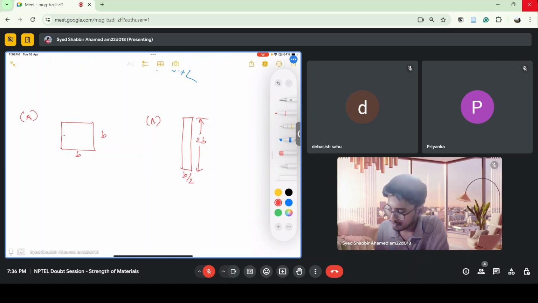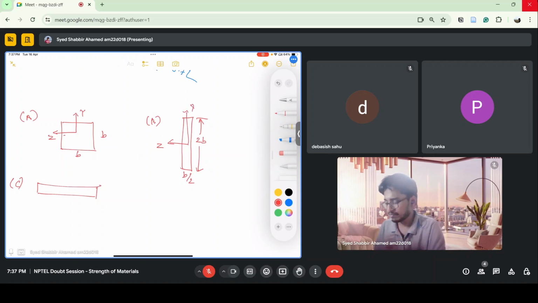Another cross section like this. Let's say this is Z and Y. This is again 2 and 2.